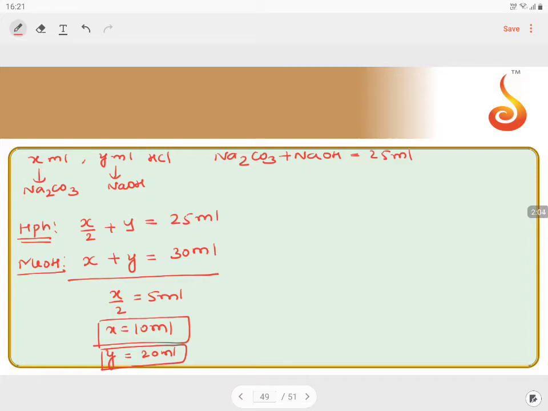Now we will go to milliequivalents of NaOH. Milliequivalents of NaOH required for complete neutralization is normality into volume, which equals milliequivalents of base, that is equal to milliequivalents of HCl.